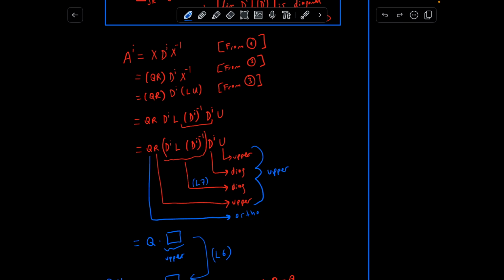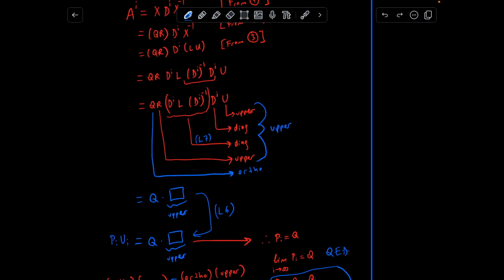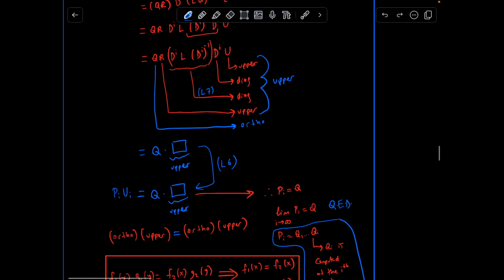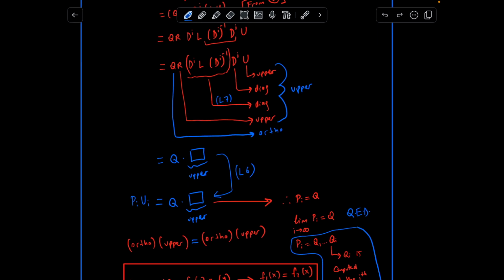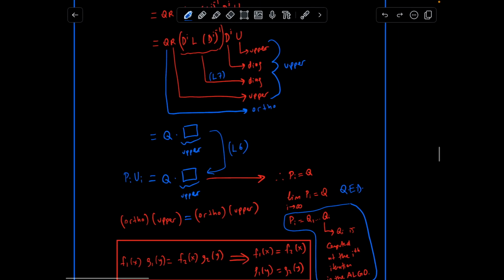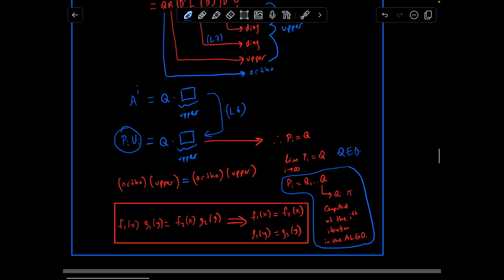Let's keep that in mind. So basically we have Q, which is orthogonal, times something that is upper triangular. By substituting A to the power of i, which comes from Lemma 6 here, this expression is the final expression.